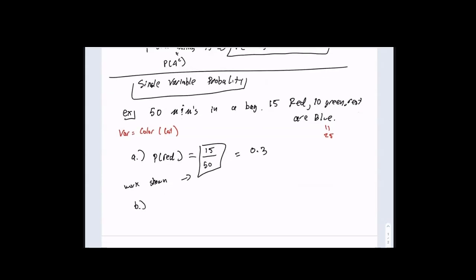B, what's the probability of this? I'm not going to tell you what that means. Can someone tell me? Or actually, let me do it right here. What am I asking you for? Probability of green.